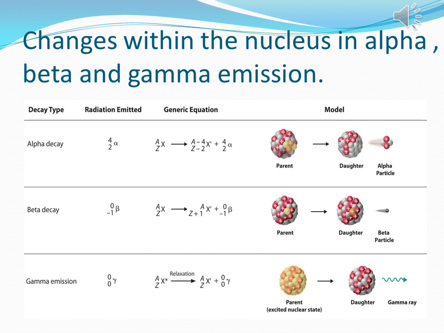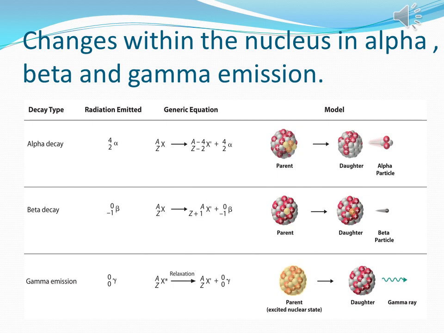Gamma emission. Gamma emission occurs when the daughter or the parent nucleus is in a state of excitation. This extra energy is released in the form of electromagnetic radiation known as gamma radiation or gamma ray photon. The gamma ray takes no mass and no electric charge from the nucleus. That is, no neutrons or protons are lost.